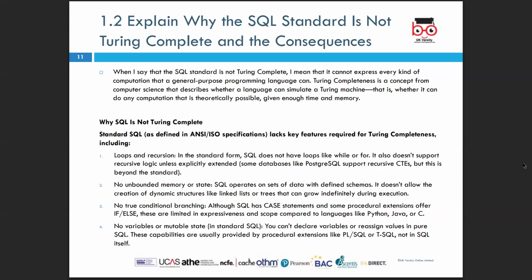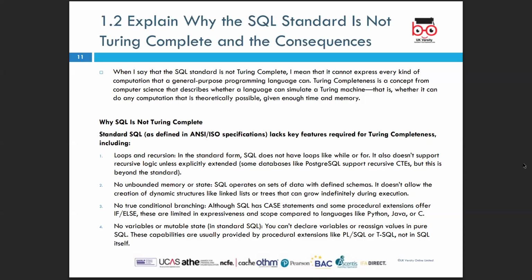So now we're going to explain why standard SQL is not Turing complete and also what the consequences are. So why is SQL not Turing complete? Standard SQL, as defined in the ANSI ISO specification, lacks key features required for Turing completeness, which include loops and recursion.